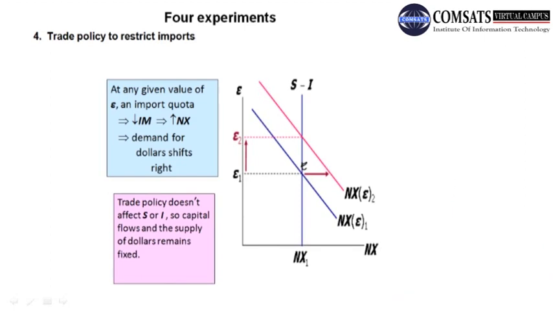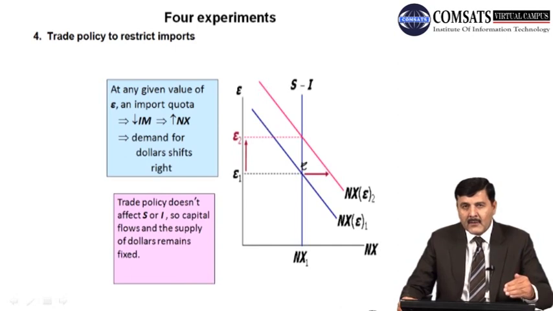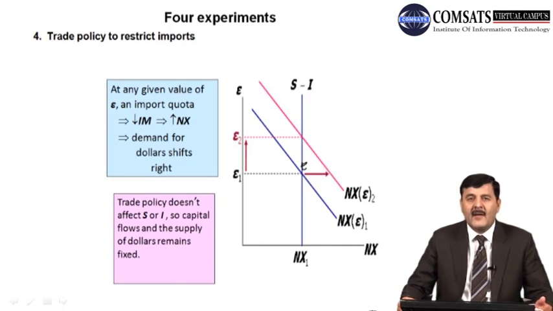Imports decrease. When the country restricts its imports by imposing an import quota, imports decrease. When imports decrease, exports rise, so net exports naturally increase.